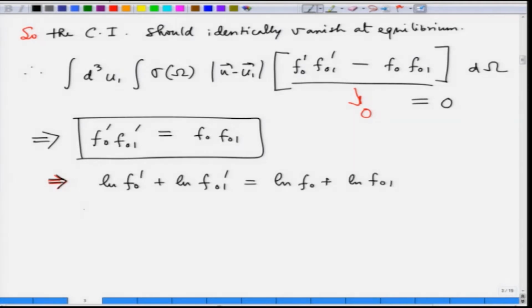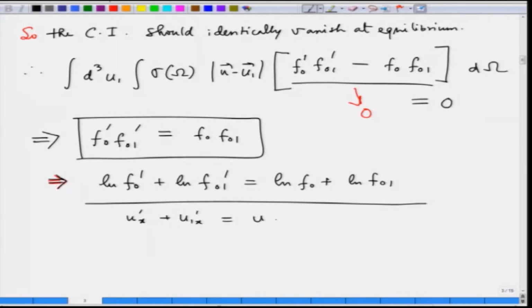So, you see that this is simply like, when you talk about the momentum conservation or energy conservation before and after the collision, let us say the particles are of equal mass m, then for example for momentum conservation, let us say for x component conservation, you say u prime x plus u 1 prime x is equal to u x plus u 1 x. This type of thing we write for momentum conservation.